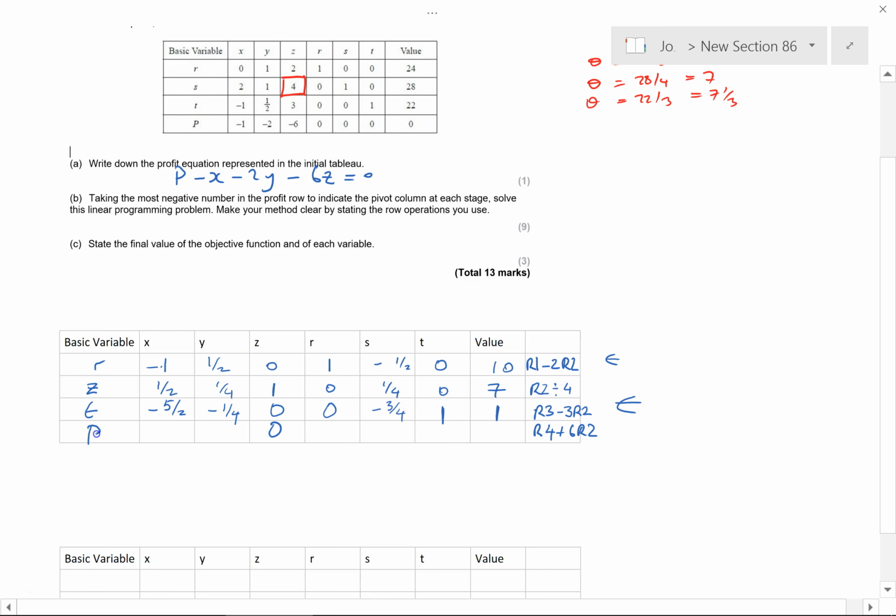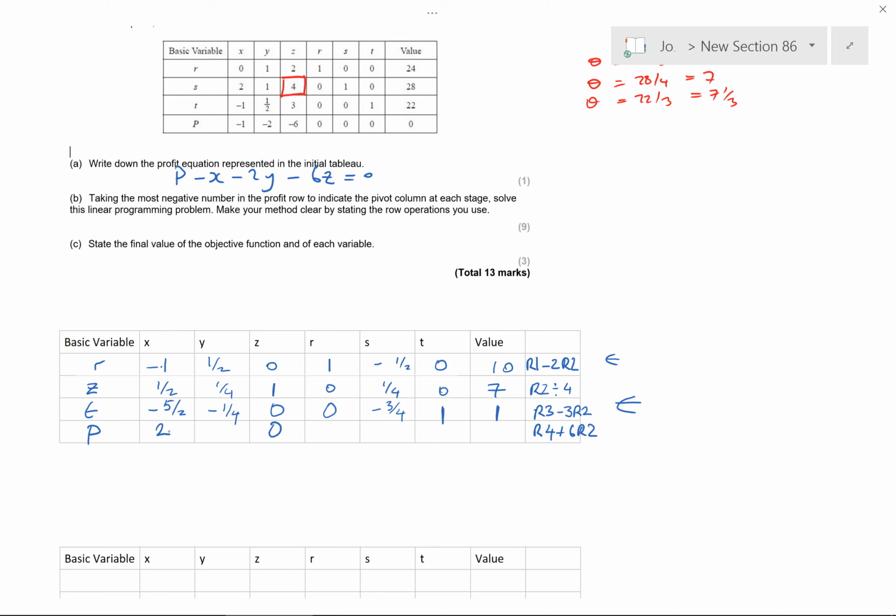The P never changes, let's always stop there. This number here is equal to the old minus 1 there, plus 6 times this number here. Be careful, that number should come to 2. So it's minus 1 plus 6 times that, which is equal to 2.